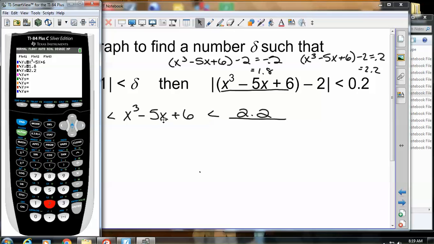If you look at your standard viewing window, there's my x cubed function, there's my y equals 1.8, there's my y equals 2.2. I can't really see much, so what do I need to do here?